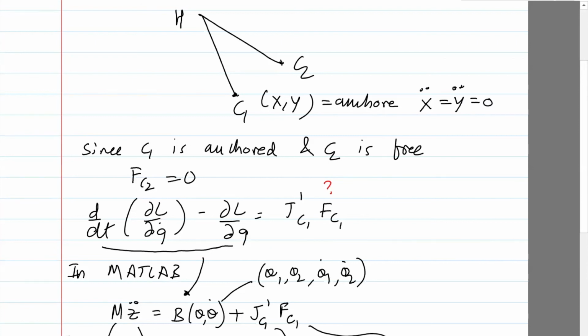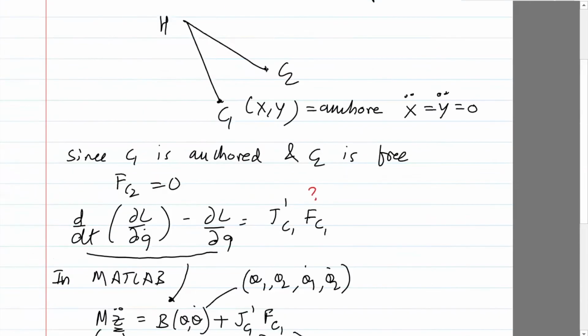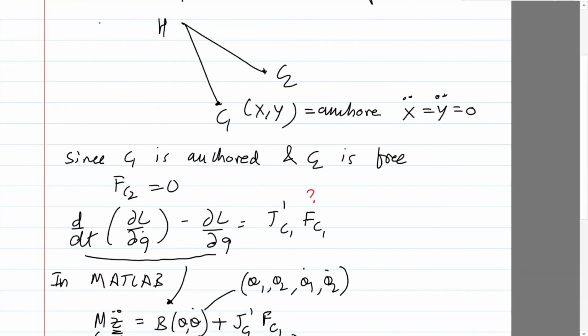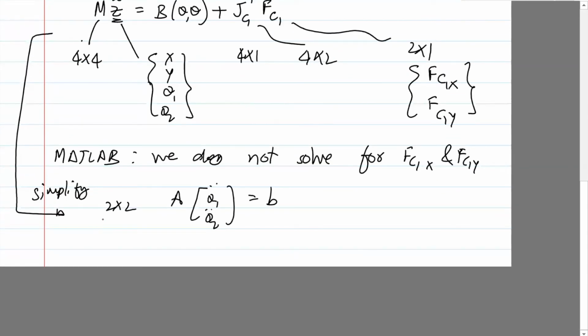So what we can do is take this first term, z double dot. This is true because z double dot equals x double dot, y double dot, theta 1 double dot, theta 2 double dot, which equals 0, 0, theta 1 double dot, theta 2 double dot.